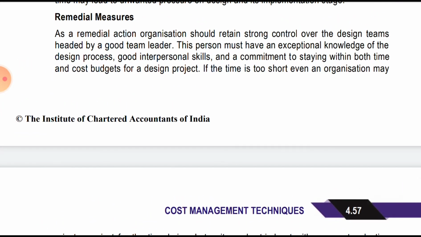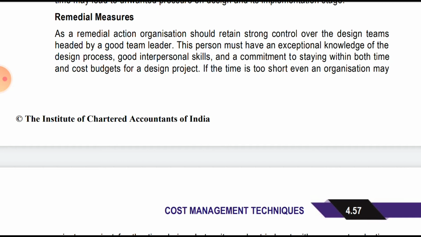As a remedial action, the organization should retain strong control over its design team. So for a remedial measure, what they have to do is maintain strong control over its design team, which is headed by a good team leader. This person must have an exceptional knowledge of the design process, good interpersonal skills, and commitment to staying within both the time and the cost budget for the design.